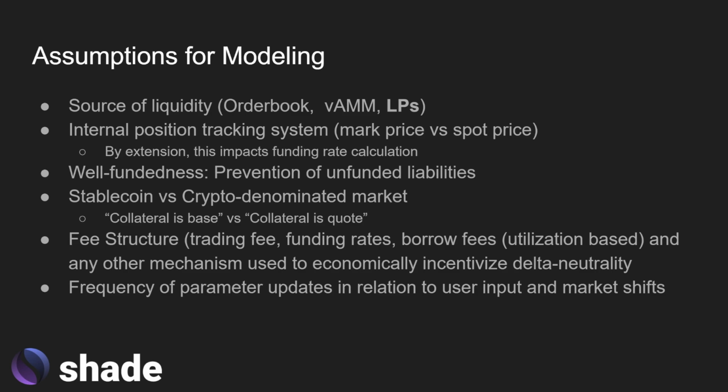Slipped spot price, or just commonly referred to as spot prices within perpetual swap exchanges, are impacted by delta neutrality fees. So what causes them to change relative to user and market input is slightly different.